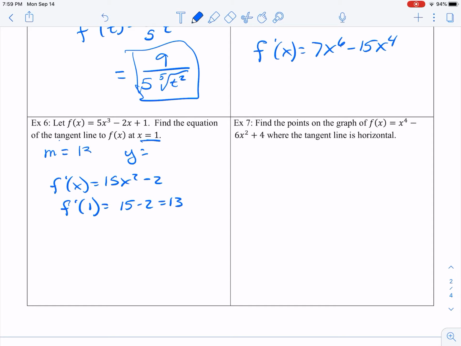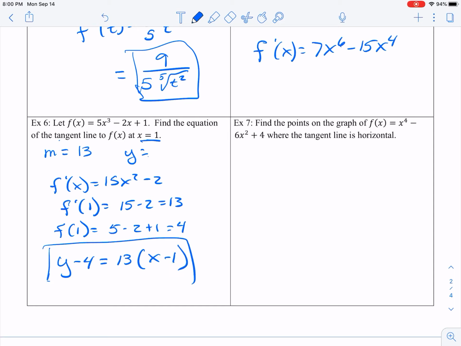So that's my slope. To find y, you take f of 1, which is 5 minus 2 plus 1, that's 3 plus 1, which is 4. So you have y minus 4 equals 13 times x minus 1. Remember, point slope form, leave it that way. Get out of the habit of changing it.